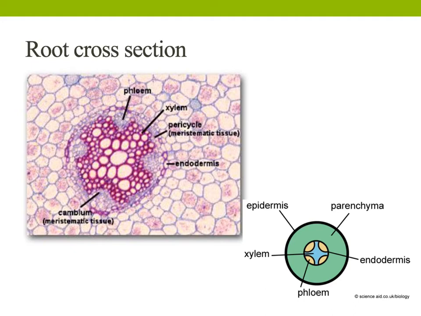When you slice through a root, you're going to see these sorts of cells, these big round cells with thick walls. They're going to be your xylem, and your phloem are much smaller next to them, and they do stain differently.